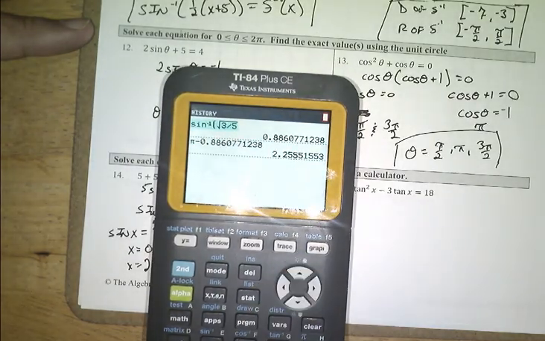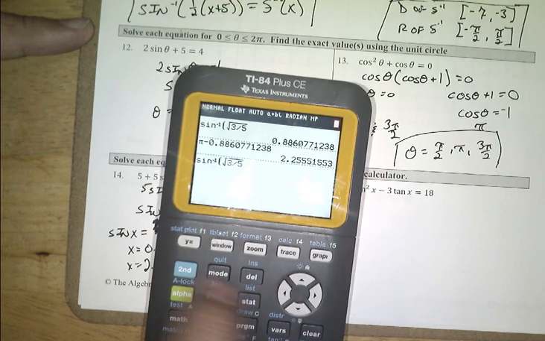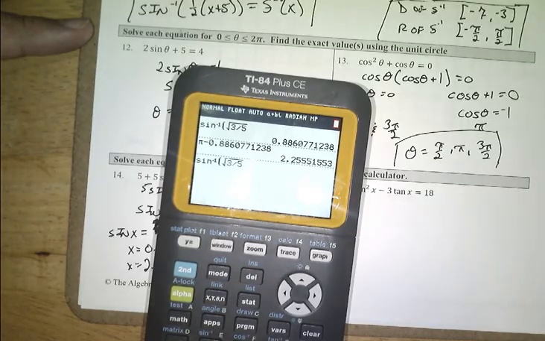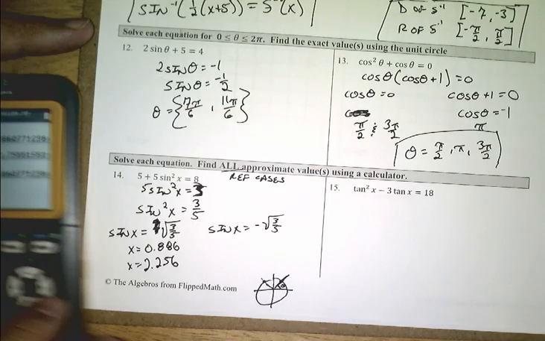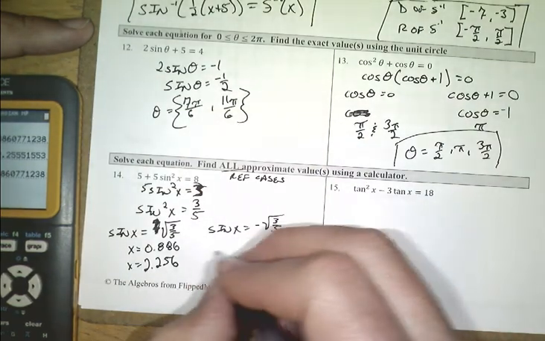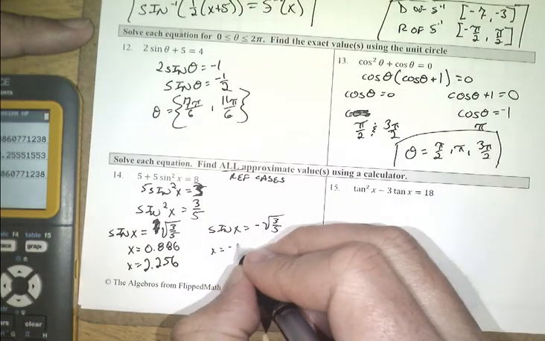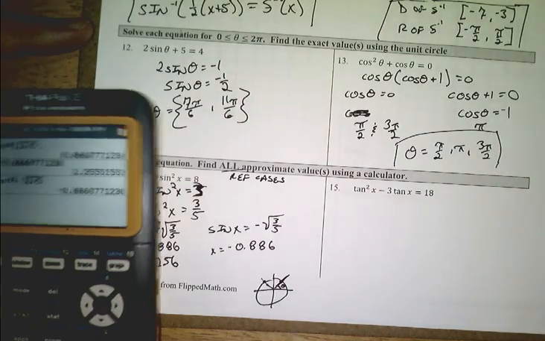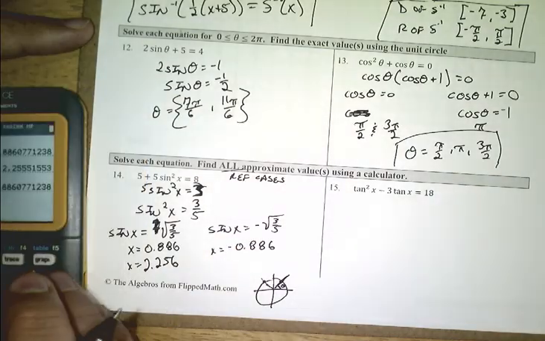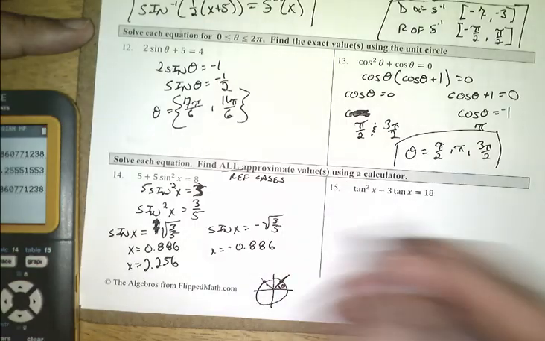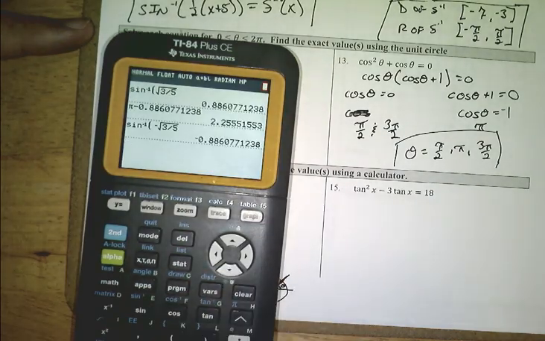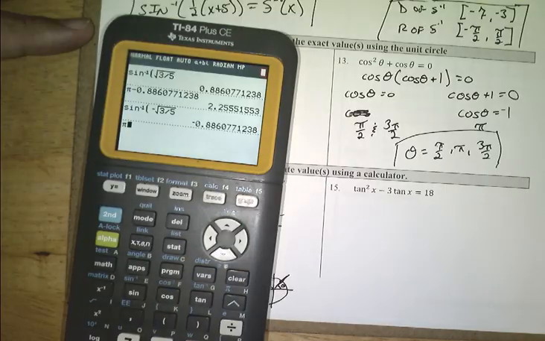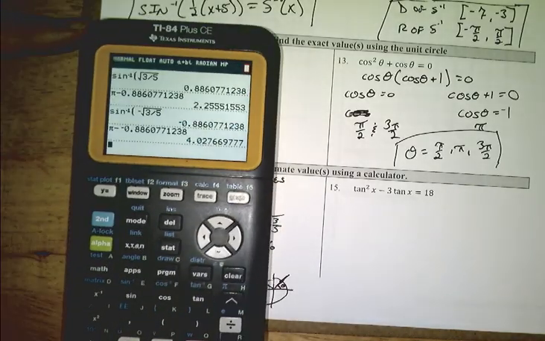And then I need the negative solution. So we will insert a negative in here. And we get negative 0.886. And then we want the reflection as well. I need the reflection version of this as well. So I'm going to take second pi and subtract that right there.